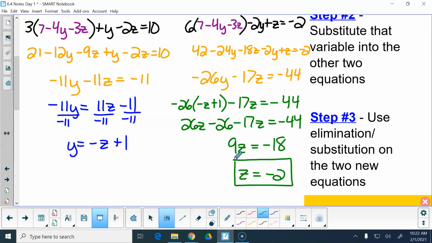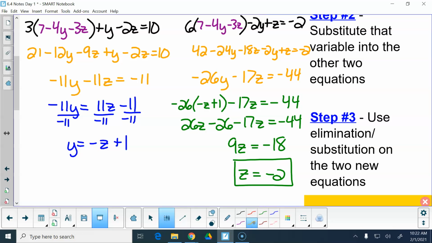What color should we plug negative 2 back into? Color of the equation. Orange. Okay. Our choices are one of the 2 oranges, or the blue one. So which orange? Left or right? Left one. Okay. Does it matter? No, it really doesn't. Exactly.